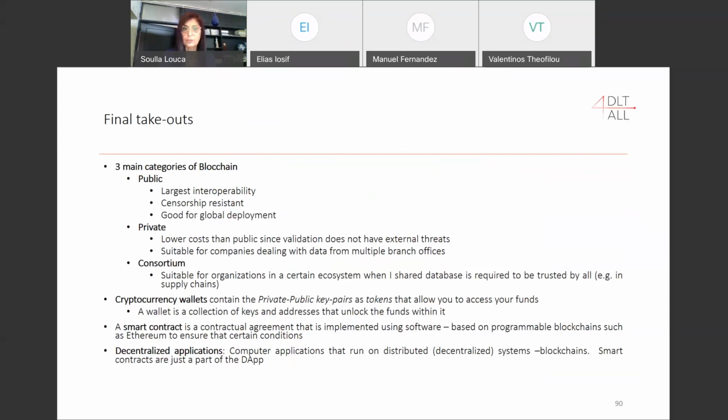Decentralized applications are computer applications that run on distributed decentralized systems that we call blockchains. Smart contracts are only a part of the whole decentralized application.